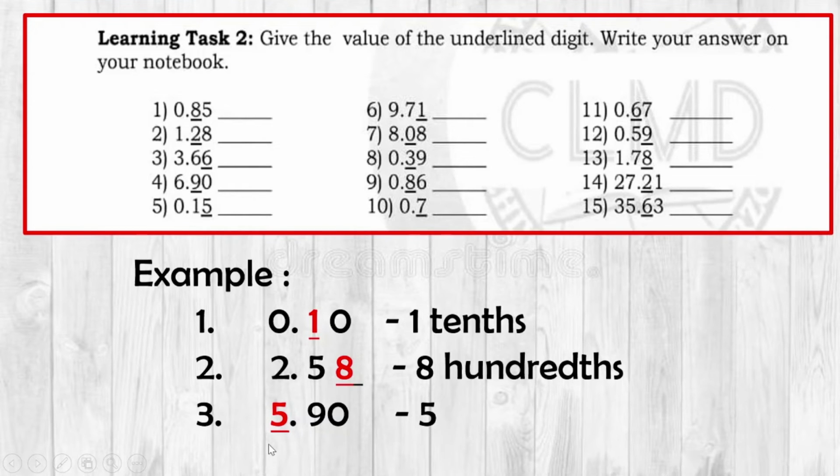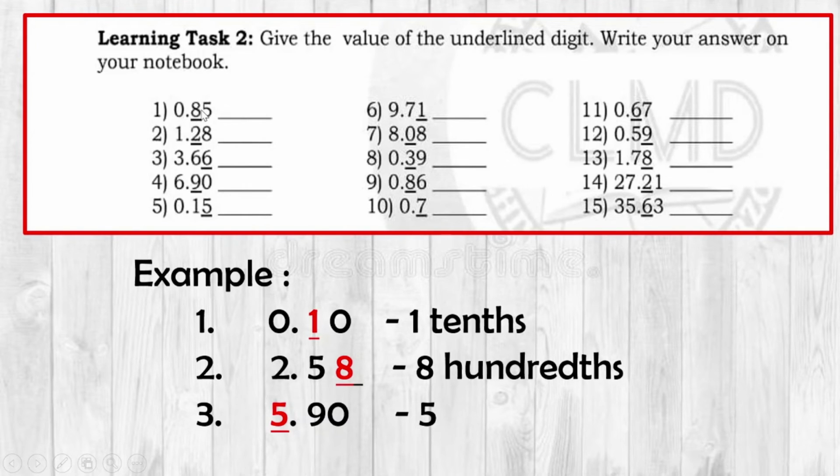Okay? The next, number 3, 5.90. So, 5 is a whole number. So, the value niya is 5. Okay? Yan. So, that is how you answer learning task 2.